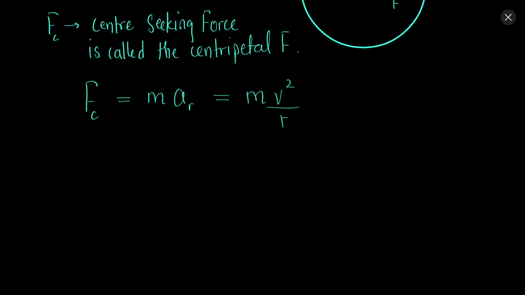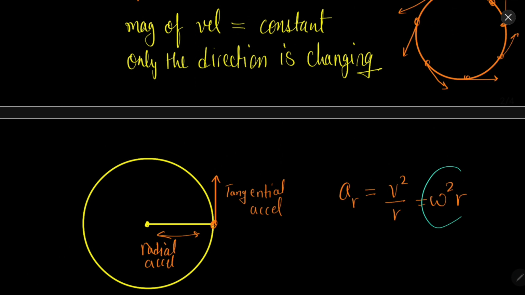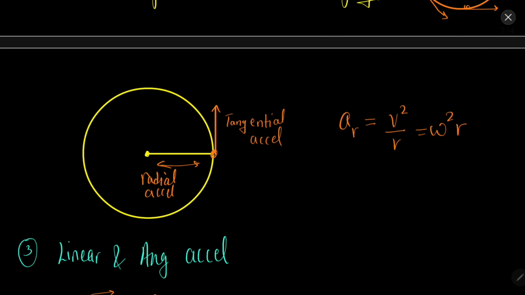We can also write this in other forms as well, like we can write this as Fc equal to m omega square r. Why? Because again we know that the radial acceleration can be omega square r as well. This is quite simple.